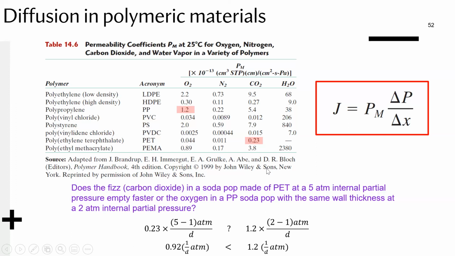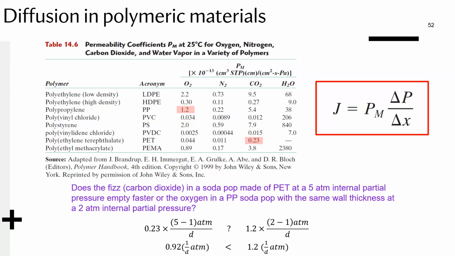So again, I don't know if this actually has a practical use case, but what I'm trying to show here is that it's actually very important when it comes to containers, polymeric containers and vessels that are supposed to hold a gas content.